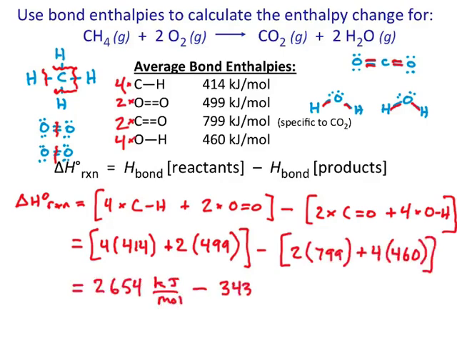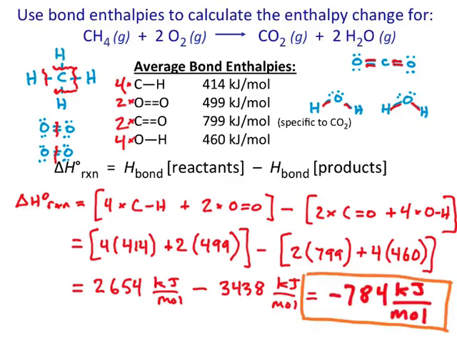And then plugging it into your calculator, here's your first term, there's your second term. So you spend 2,654 kilojoules per mole of energy to break all these bonds, and then when you reform the bonds, you get 3,438 kilojoules per mole back. And so when you finally get the answer here, it's negative 784 kilojoules per mole enthalpy change for this reaction.